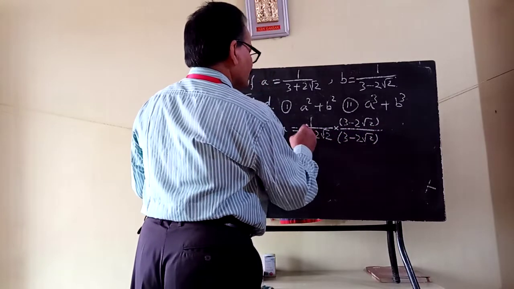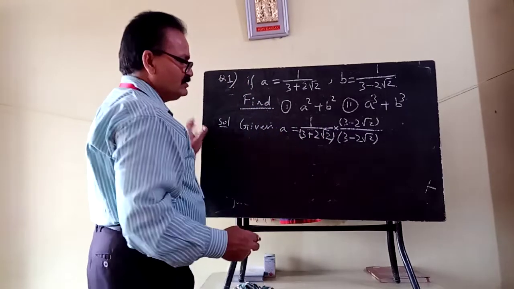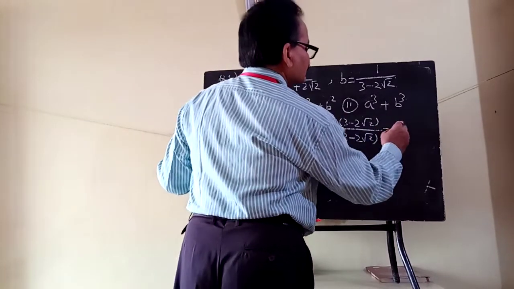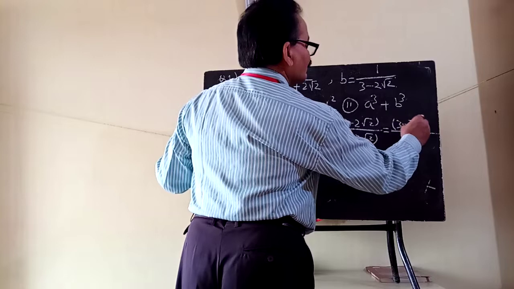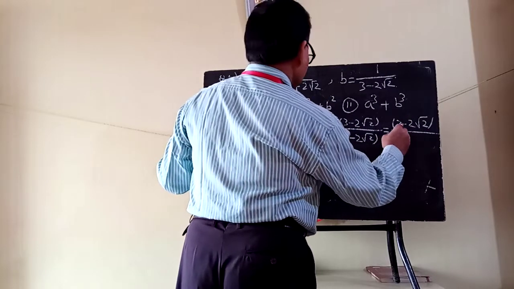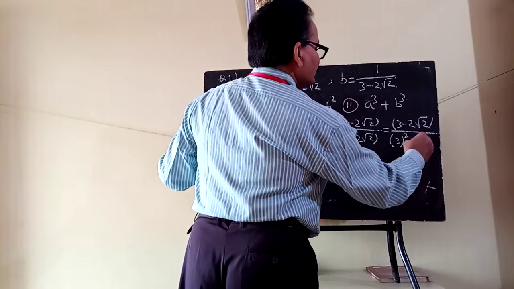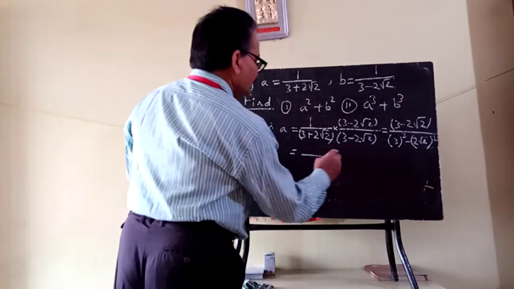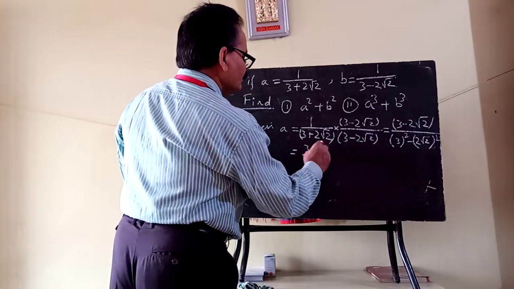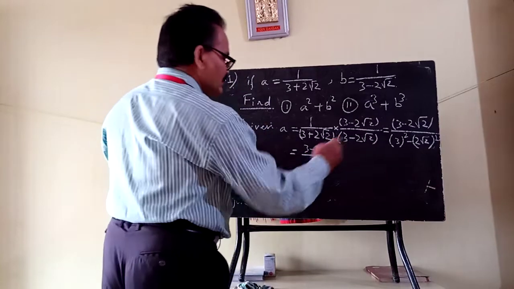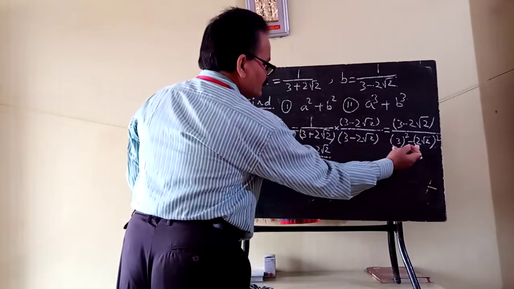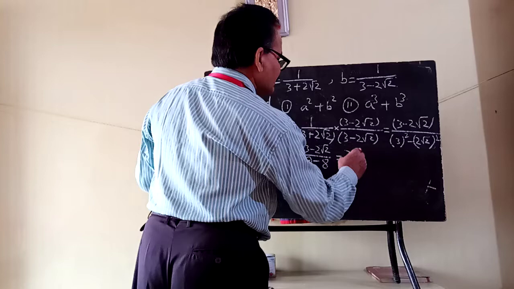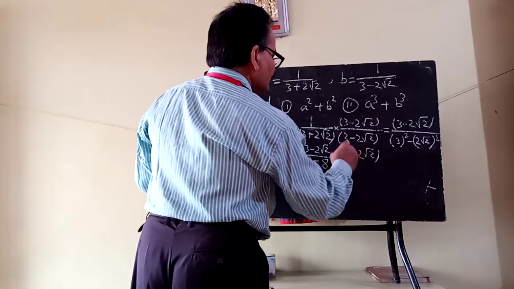In the denominator, it is a plus b into a minus b, so in the numerator it is 3 minus 2 root 2, and in the denominator 3 square minus 2 root 2 whole square. The value will be 3 minus 2 root 2 over 9 minus, square of 2 is 4 and root 2 into root 2 is 2, this is 8. So the final answer is 3 minus 2 root 2. This is for a.